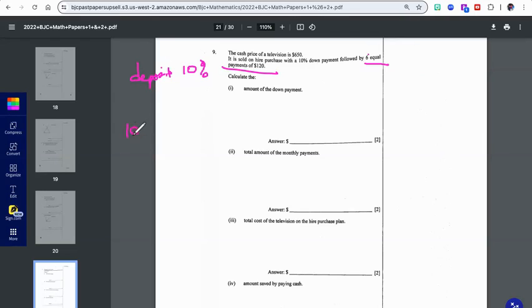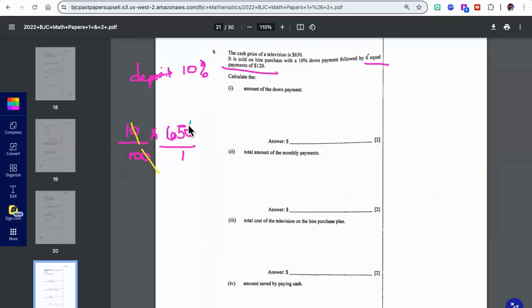So it's 10 over 100 times the TV cost $650. So zeros at the top. Now, I like this one because my zeros are in different places. But remember, I said everything at the top is the numerator and everything at the bottom is the denominator. So I can take off 1 zero from my numerator, 1 from my denominator.